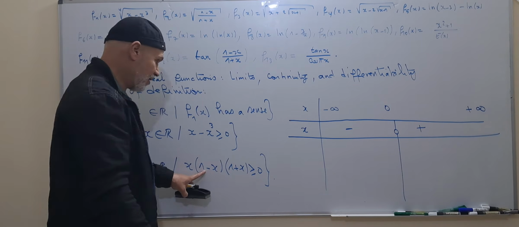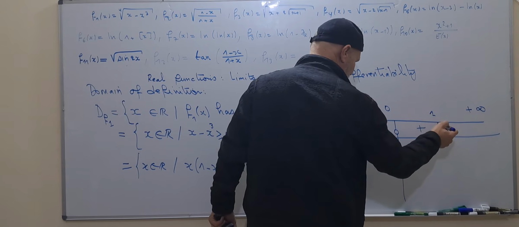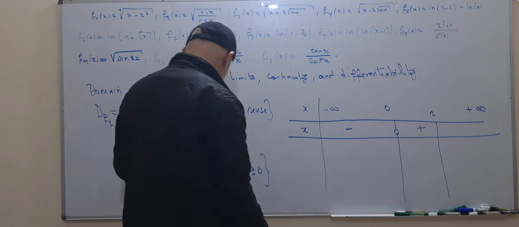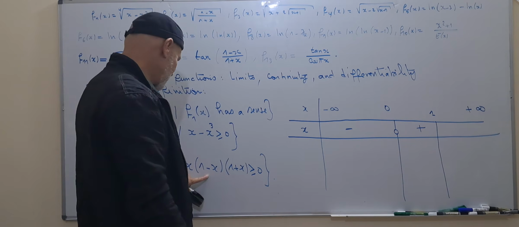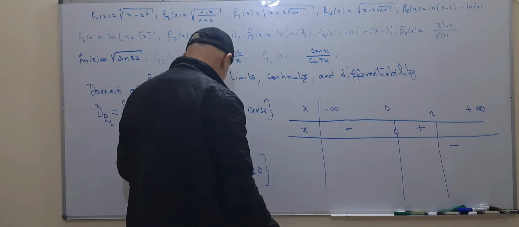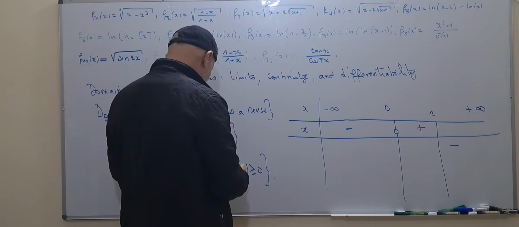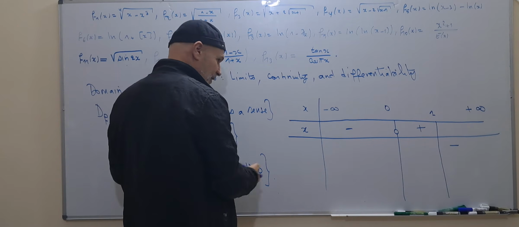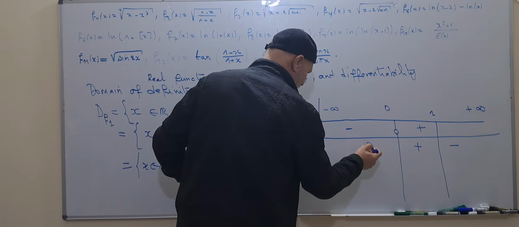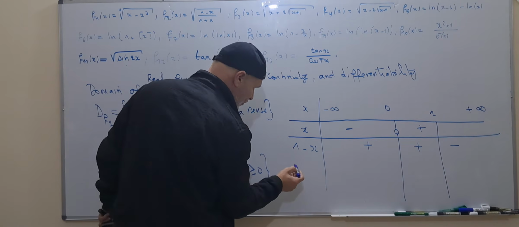We have 1 minus x, so we are dealing with 1. Here 1 minus x is positive if x is less than 1 and negative if x is greater than 1.